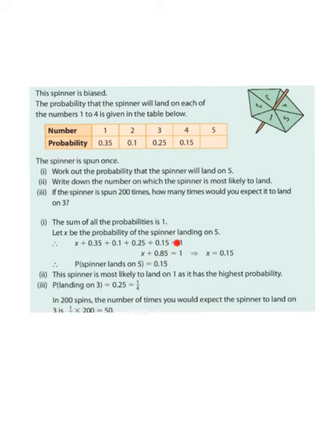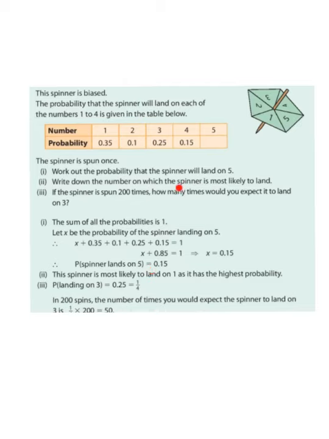They did it as an equation here, but it's 0.15. So if you're missing a value for probability, you know probability has a scale only from 0 to 1, so the probabilities had to add up to 1. So you add up the 4 that you had, which was 0.85, and you take that from 1 to give you the probability of the 5 to be 0.15. So the probability of the spinner landing on 5 is 0.15.